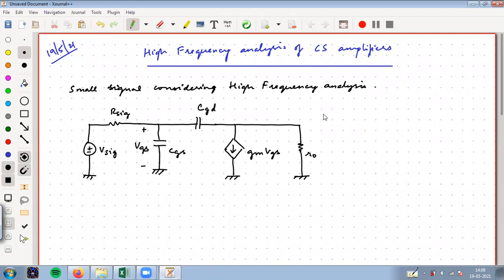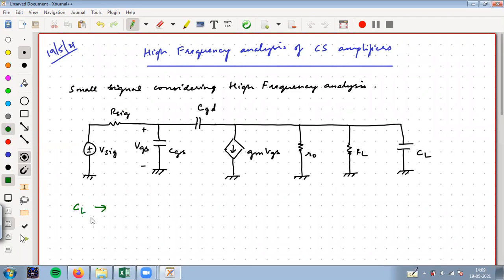Then after this, you have say a load resistor, RL. Then you have another capacitance here, the output capacitance. Let me call it CL.